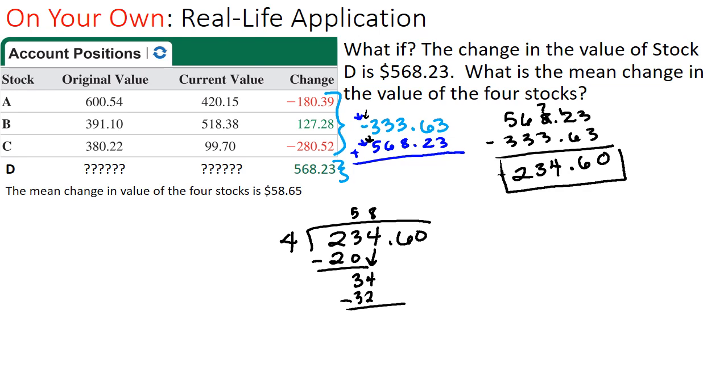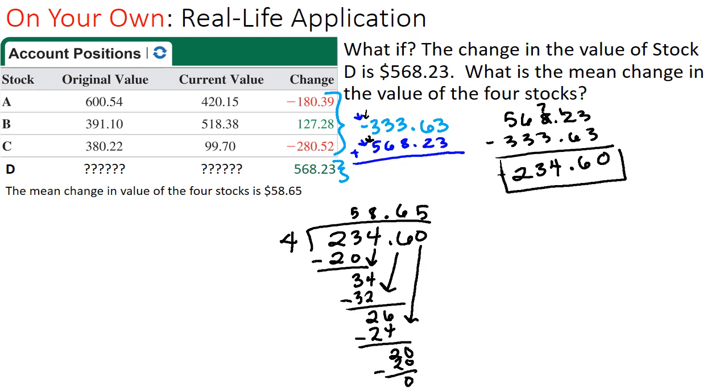I subtract that and I get 2, and then I bring down this 6 and I'm going to have 26. 4 does go into 26 and it goes 6 times, which gives me 24. Bring down this 2, and then I can bring down this 0 right here, which is 20, which means this is going to be 5, 20, and done.